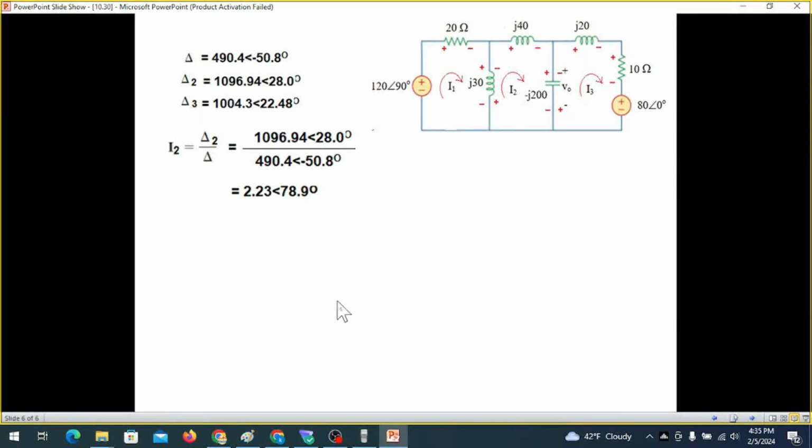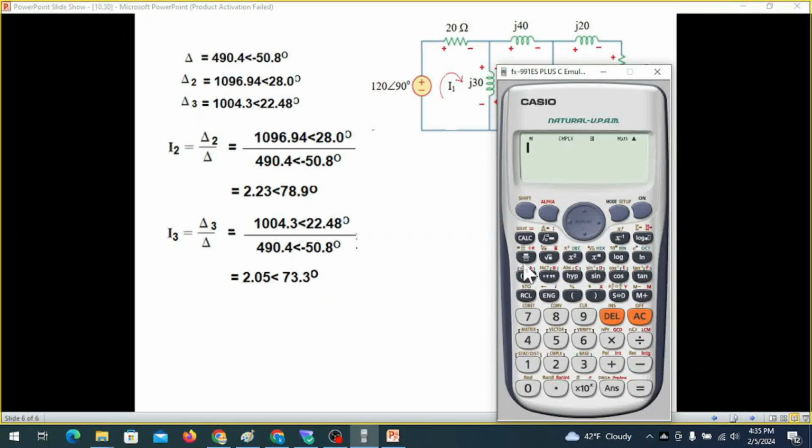And then we come to I3. Same way, 1004.3, shift angle 24.48, denominator 490.4, shift angle minus 50.8, all entry done.